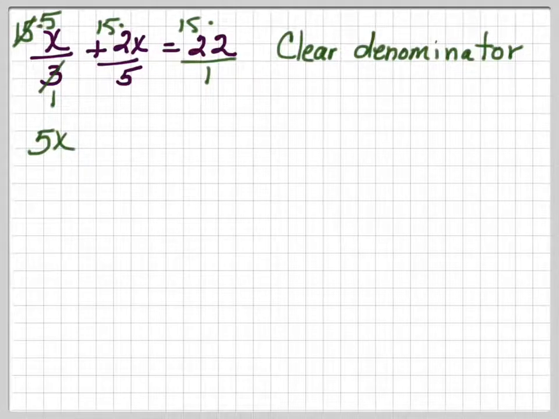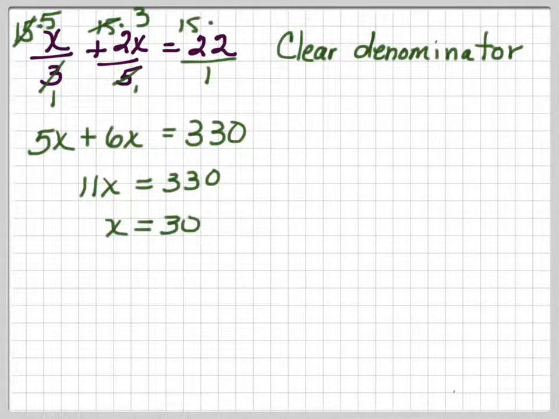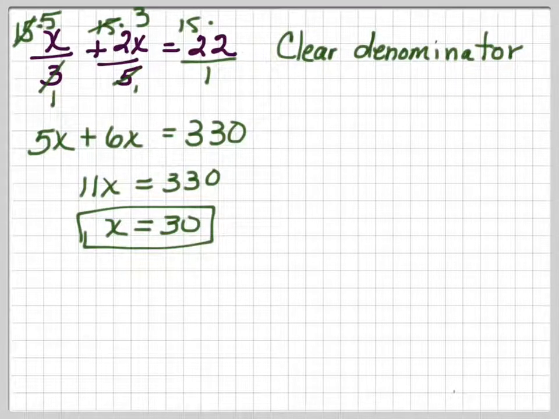And we can also cancel the 5 and the 15 and get 3, so 3 times 2x is 6x. And of course 22 just has to be multiplied times 15 because 1 doesn't clear out anything. So 5x plus 6x equals 330. We add, we have 11x equals 330. So x equals 30. So what we've done is we have eliminated those nasty fractional denominators. All right, that's the basics.